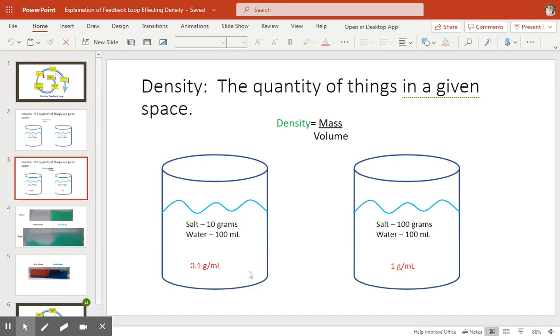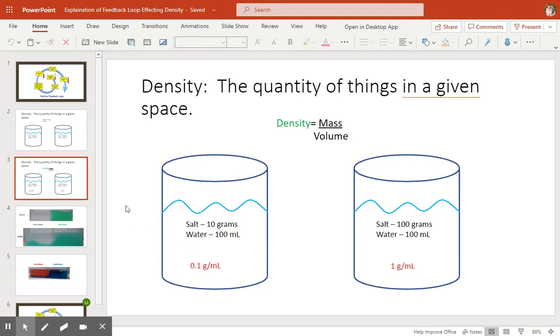So obviously this one has a lower density. So we can look at it, the amount of salt is going to cause the density difference. So saltier water is going to have a higher density than less salty water. And the ocean definitely has salty versus less salty.